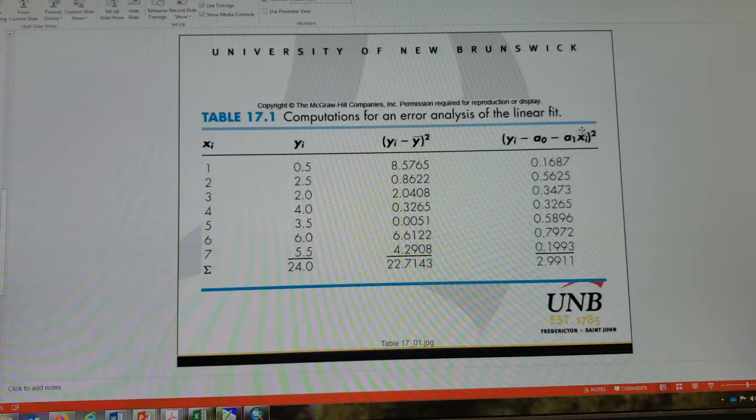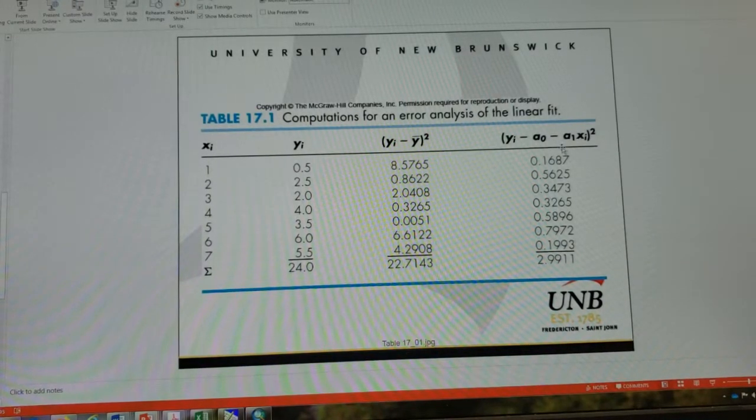Now, our model is the difference between the y value here and what the y value is supposed to be on our line, which is this a0 plus a1x. So when we put an x value into whatever equation we find, it's going to give us a predicted value. So this represents yi minus the predicted value, the distance between this point and our line of best fit, our equation. So that's what we call the residual.